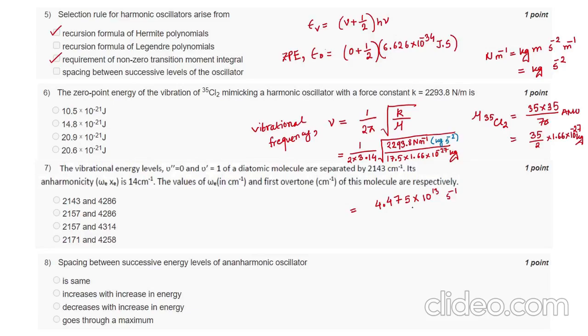Now I will put this value here, 4.475 into 10 to the power 13 second inverse. Now see, second inverse, second cancel, and you are going to get some value in joules, right? So I'll calculate that also. 6.626 into 10 to the power minus 34.